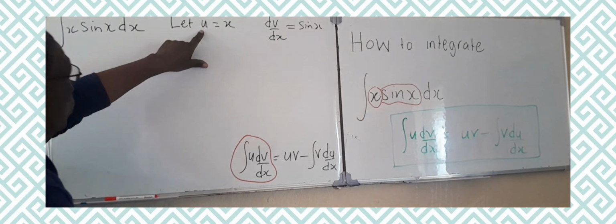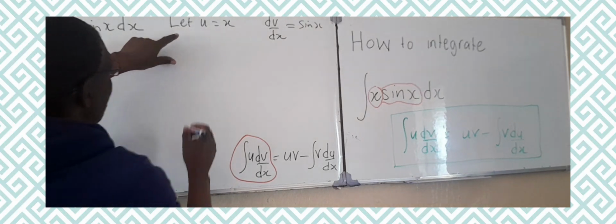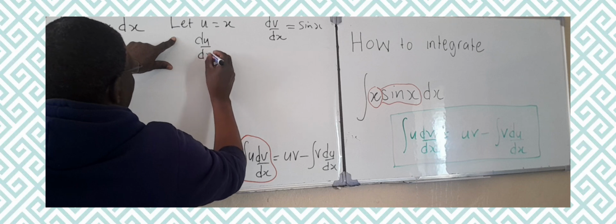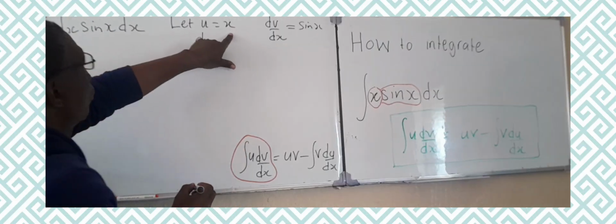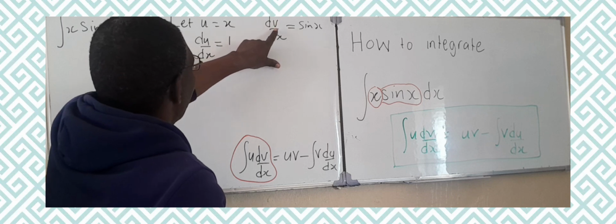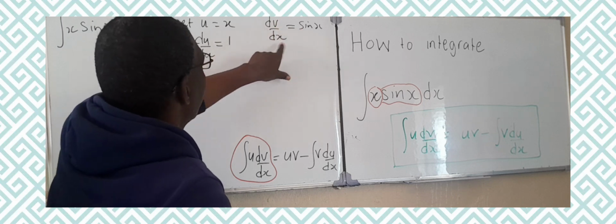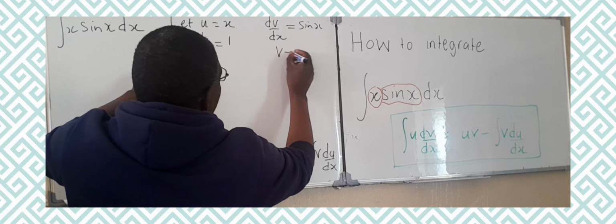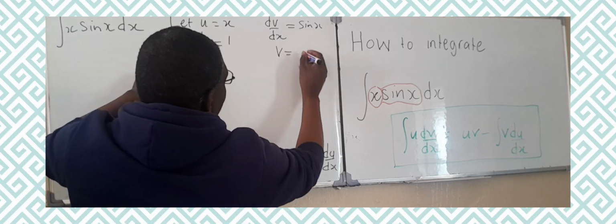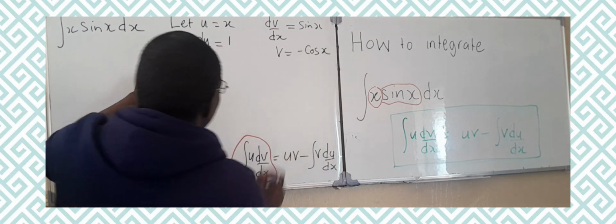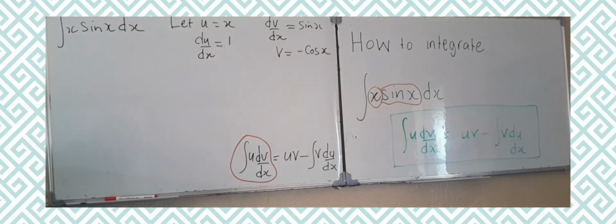Now we have u, so we must find du/dx. So our du/dx will be equal to, you differentiate this, you get a 1. Now we want a v, because dv/dx is equal to sine of x. So what is v? v is equal to, we integrate sine of x, we get minus cosine of x. Let's look very carefully at what we have done here.